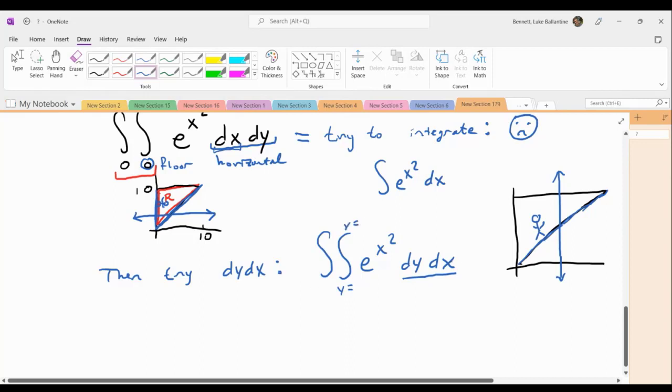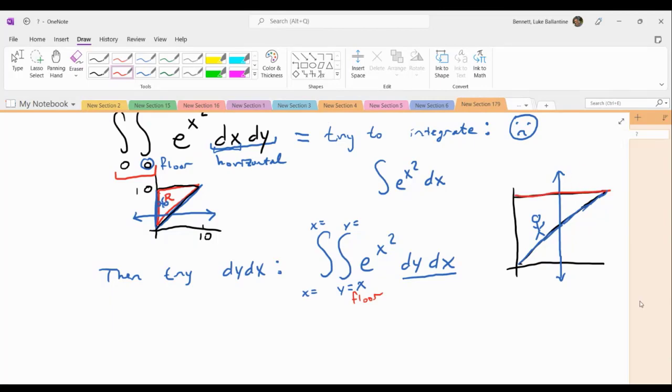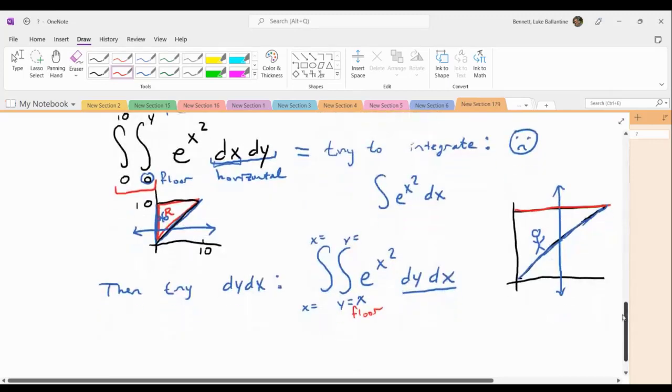And then in a similar fashion, his floor is just y equals x. Y equals x is x equals y. So that's his floor. And then his roof is just the constant function 10.